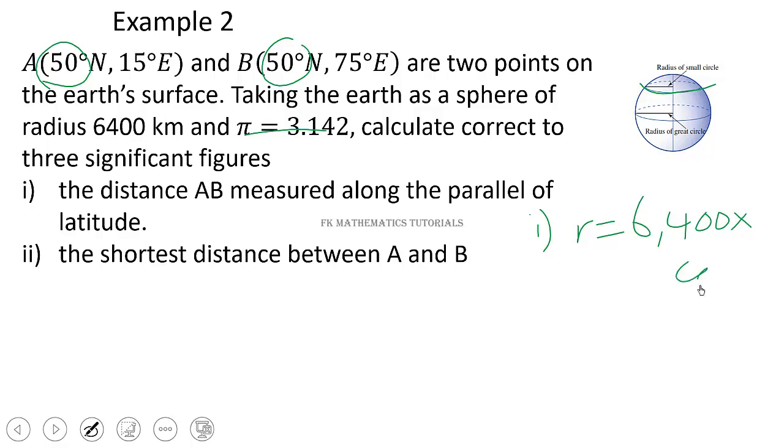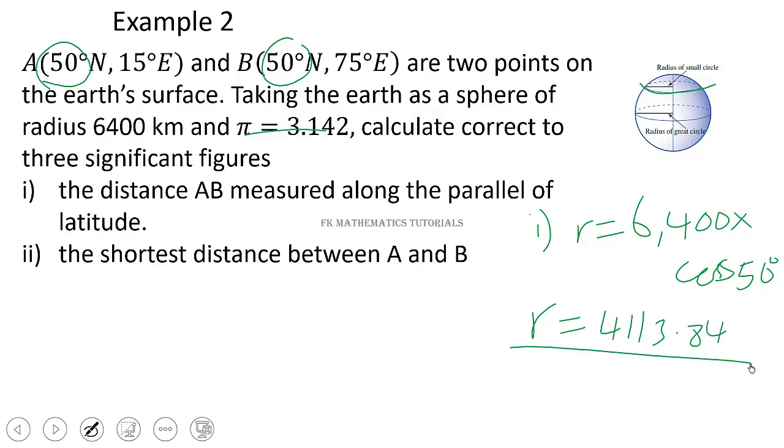So 6,400 cos 50 degrees. That will be equal to 4113.84. So this is our radius.